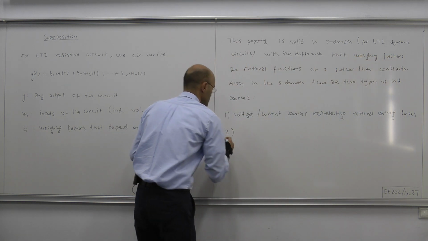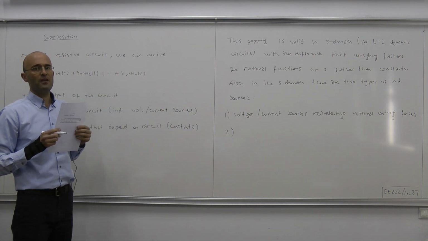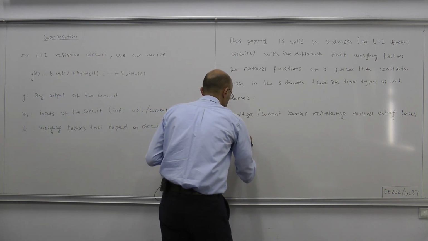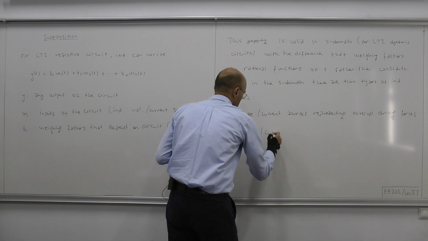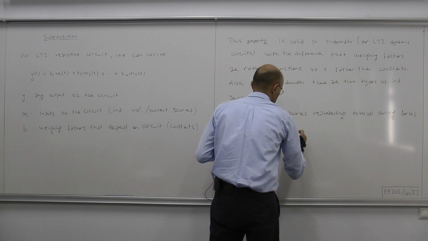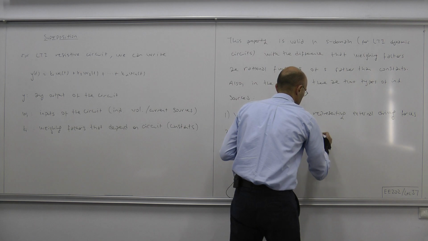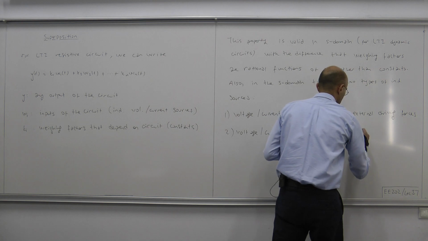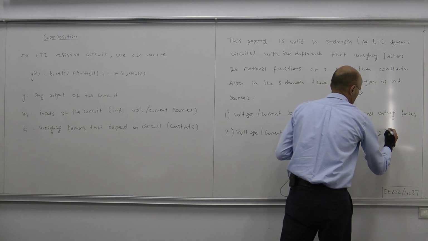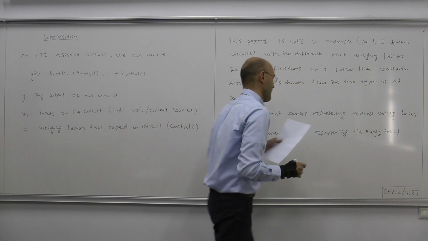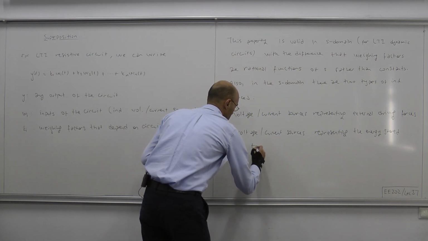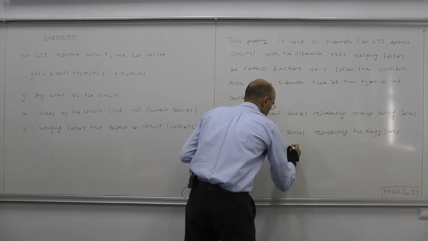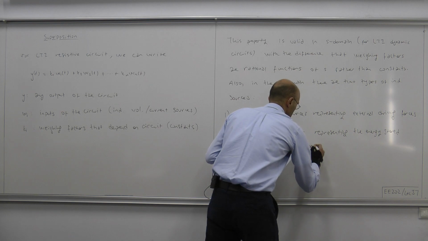And the second type: voltage and current sources representing the energy stored at the initial time at t equals 0. So that's due to non-zero initial conditions.